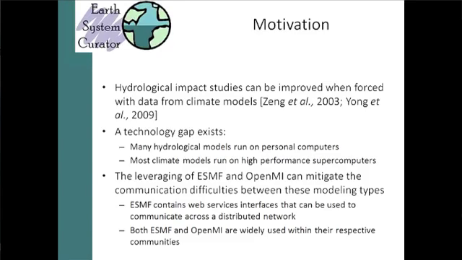But there's a technology gap that exists between these types of models. The hydrological models typically run on Windows-based personal computers, while many of the climate models, as you all probably know, run on the high-performance supercomputers. Now, as I mentioned, I'll get into details of ESMF and OpenMI shortly, but by leveraging these technologies and frameworks, we were able to bridge this gap and get the models working together.